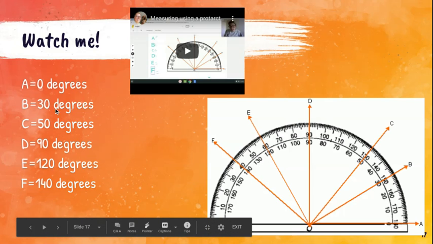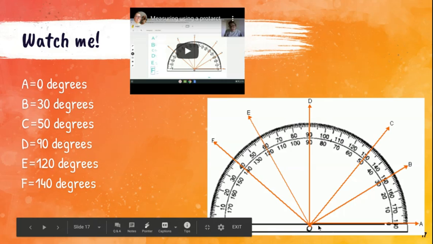Okay. Angle B. Let's take a look at what angle B looks like. Well, I put my point at my vertex and I measure. Angle B is measuring at 30 degrees. Do you guys see that right here? 10, 20, 30, and my angle B is measuring at 30 degrees.